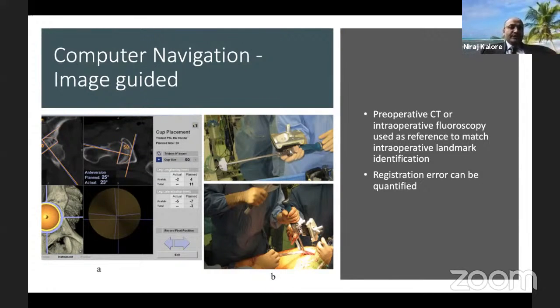This computer model can be used to quantify your registration errors, and that way the registration error can be controlled. So in general, if an error can be quantified, then it can be controlled and corrected. If you cannot measure it, it is very difficult to correct it and hard to know if you really corrected it or not.